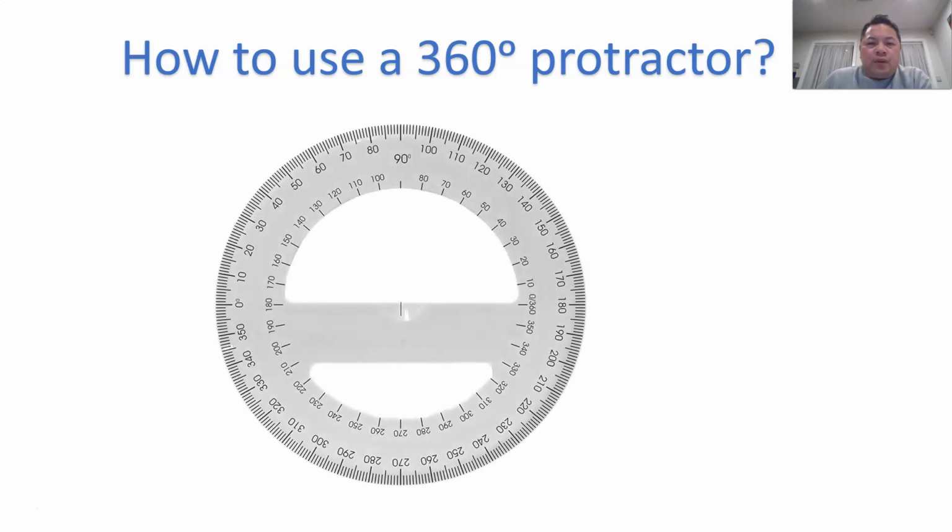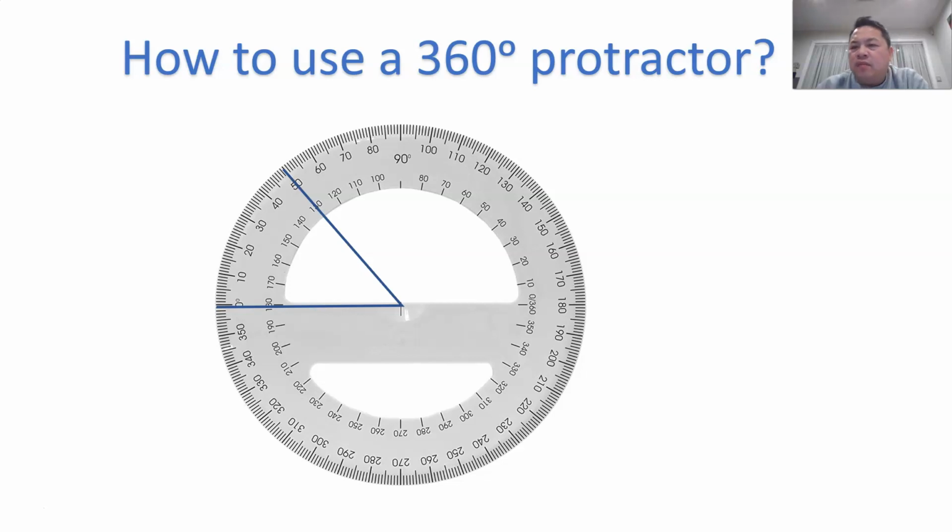Okay, so imagine you have a protractor like this, and as you can see, 0 is here, and you go one whole circle, and the end point is actually at 360 degrees. Can you see that? So imagine you have an angle like this. How would you know what the angle is?